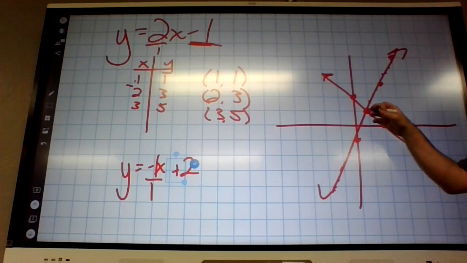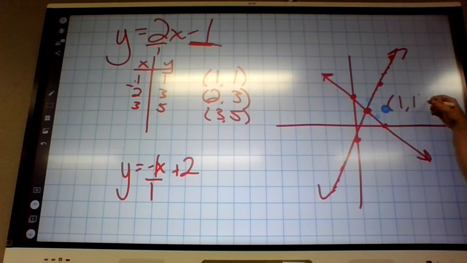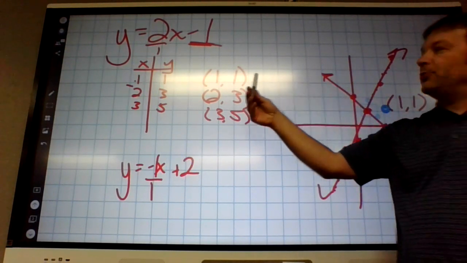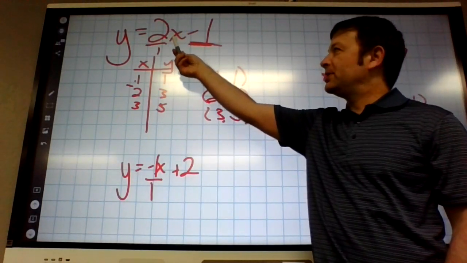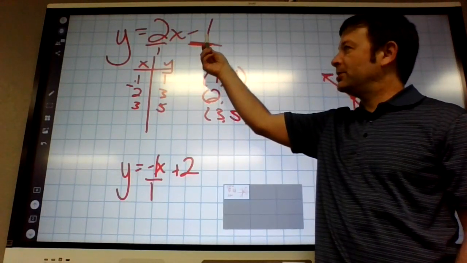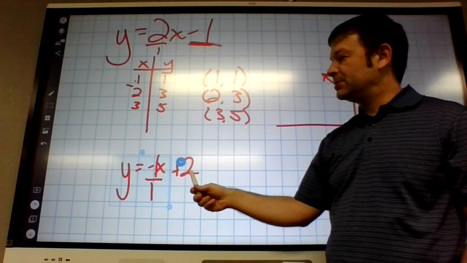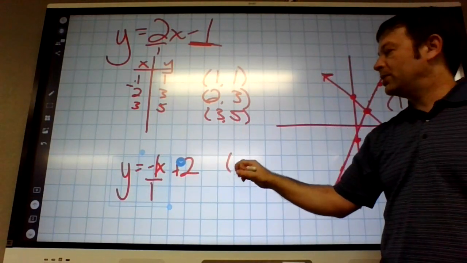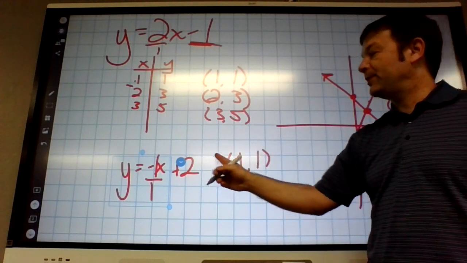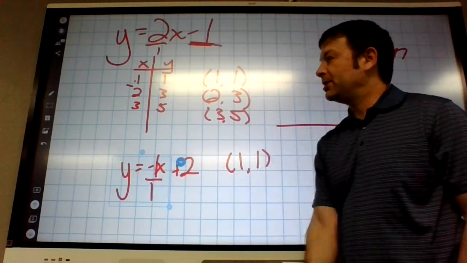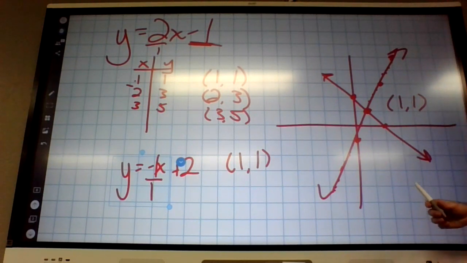So what is this one solution? In this case, it's (1, 1). Does (1, 1) work in both of these? 2 times 1 minus 1 is 1. Negative 1 times 1 plus 2 is 1. Yeah, so (1, 1) is a solution in both. If you plug them in for x and y, you get an equation that works.